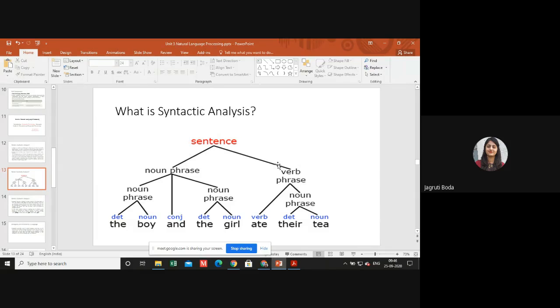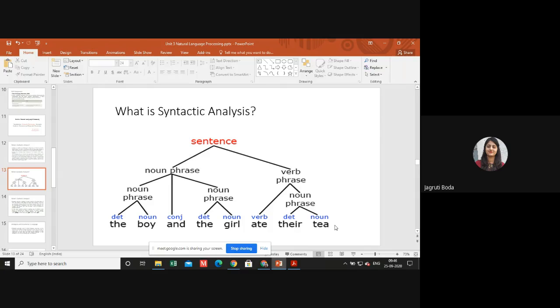Now you can see the verb phrase, which has the verb "ate" and the noun phrase "their tea". So one by one it understands the meaning of each token in the sentence, right?